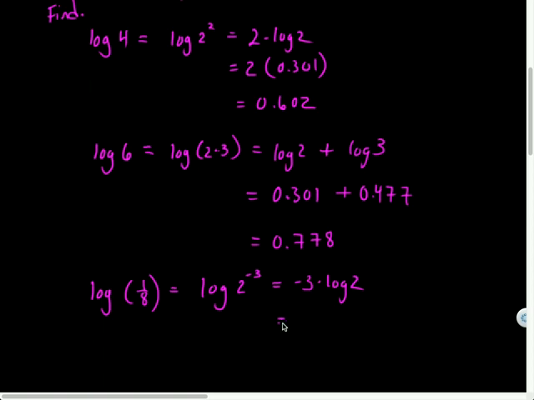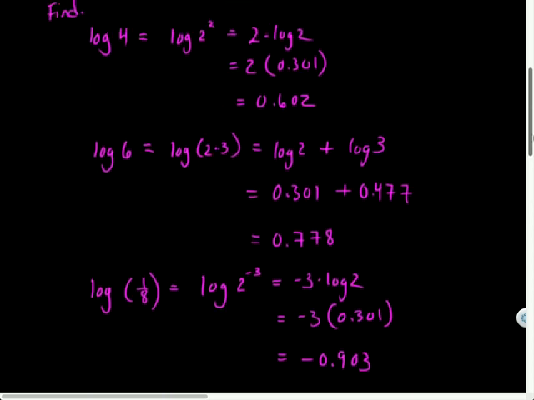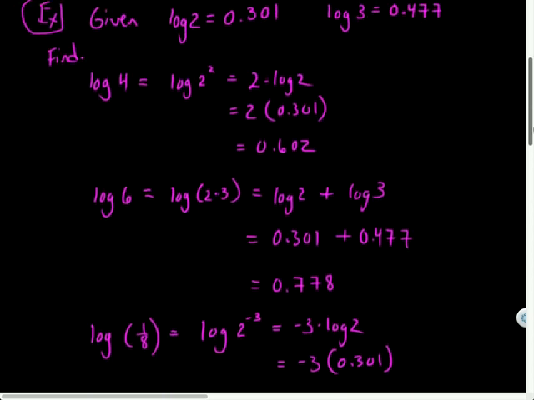So that is negative 3 times 0.301, or negative 0.903. Silly me. Right, so it's not terribly bad to be able to figure these things out, right?